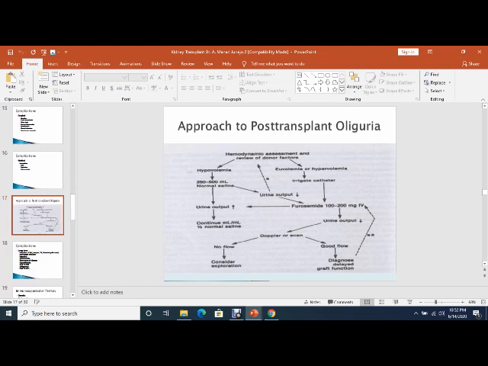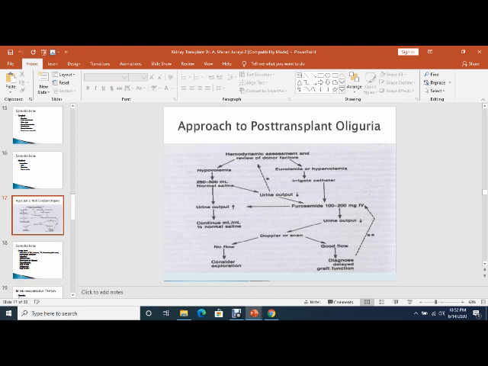This diagram is very important. Sometimes after surgery, the patient becomes oliguric. So how will you approach post-transplant oliguria? Always first check the hemodynamic assessment, review donor factors, and check the recipient's volume.